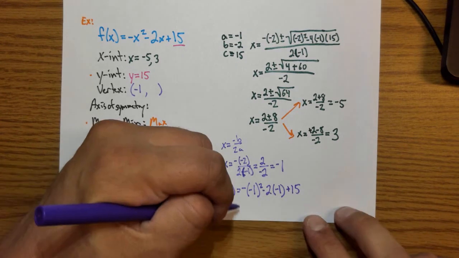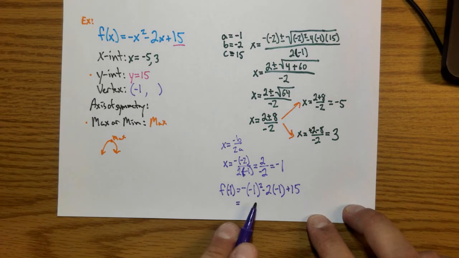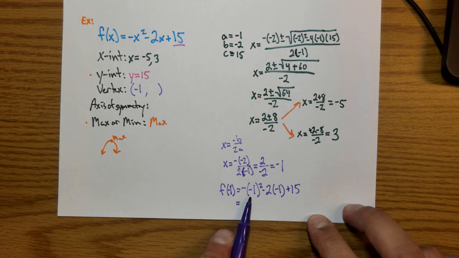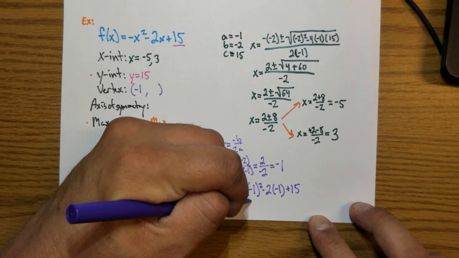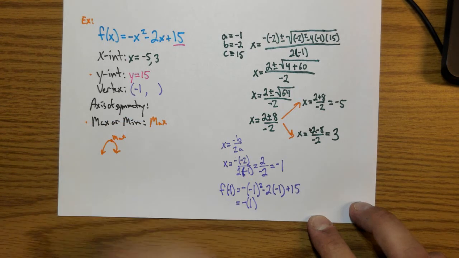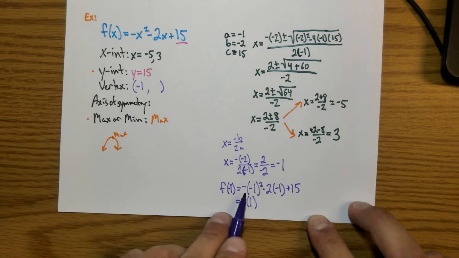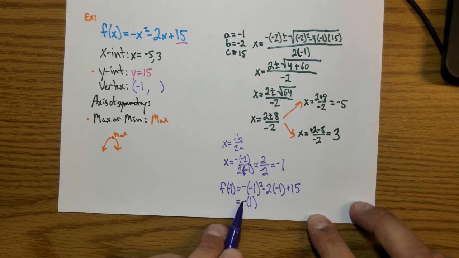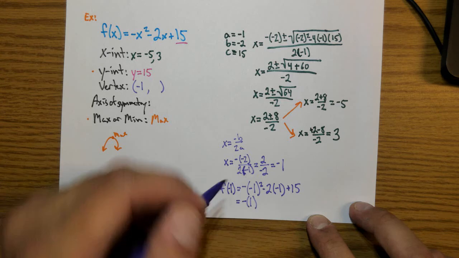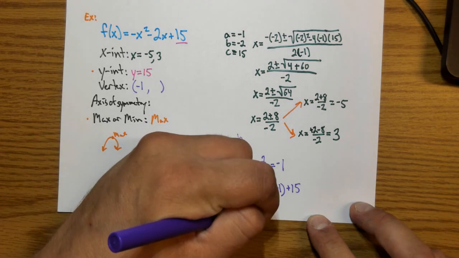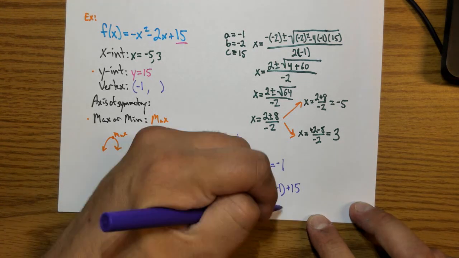And let's go through this. -1 squared is +1, so it's going to be negative times a +1 now, if that makes sense. We still have this negative out front, so we haven't done anything with that yet. And then negative 2 times negative 1 is positive 2, and then plus 15.